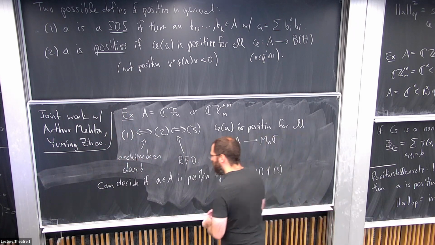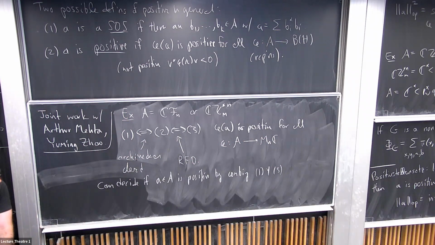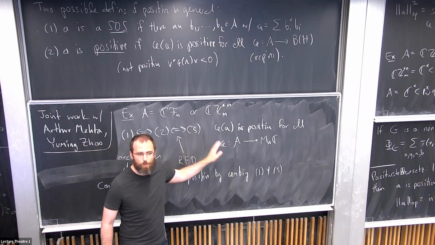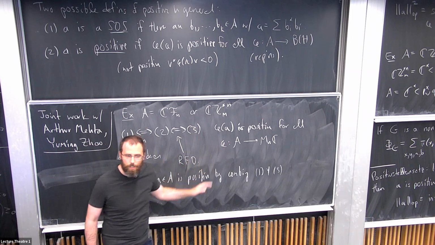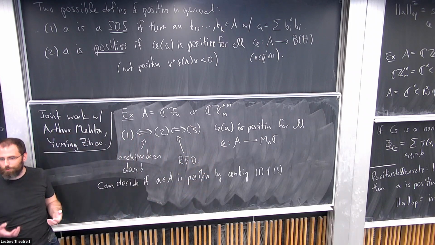We search through all the possible ways of showing that it's a sum of squares, and we search through all the representations to try and find a representation where this element is not positive, and eventually one or the other will be successful.